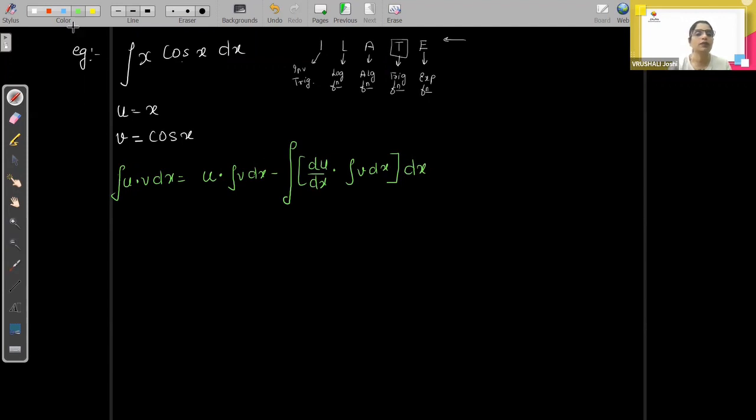Correct? It's become very easy now because हमको सिर्फ क्या करना है? We just have to substitute our values here and the answer will be automatically there.